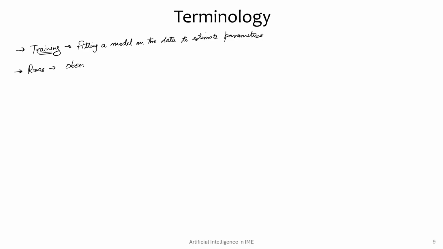So here I have already introduced a few of these terms, like training is fitting a model on the data to estimate parameters. Rows, these are observations in the data set.